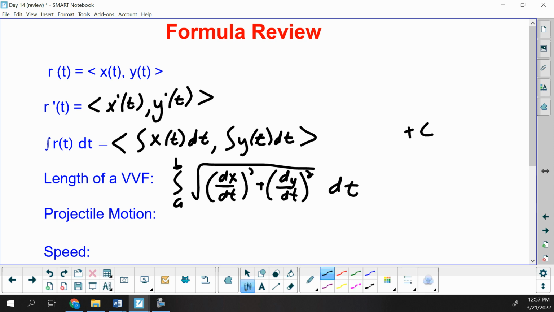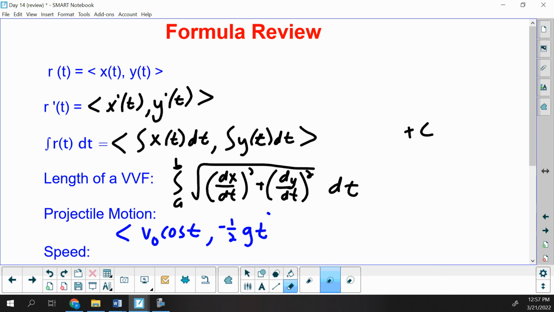Projectile motion for your x and y components. The x component was really v0 cos theta times t, so that's what we saw on last night's homework. And then the y component is negative 1/2 gravity constant t squared plus v0 sine of theta times t, and then plus your initial height.